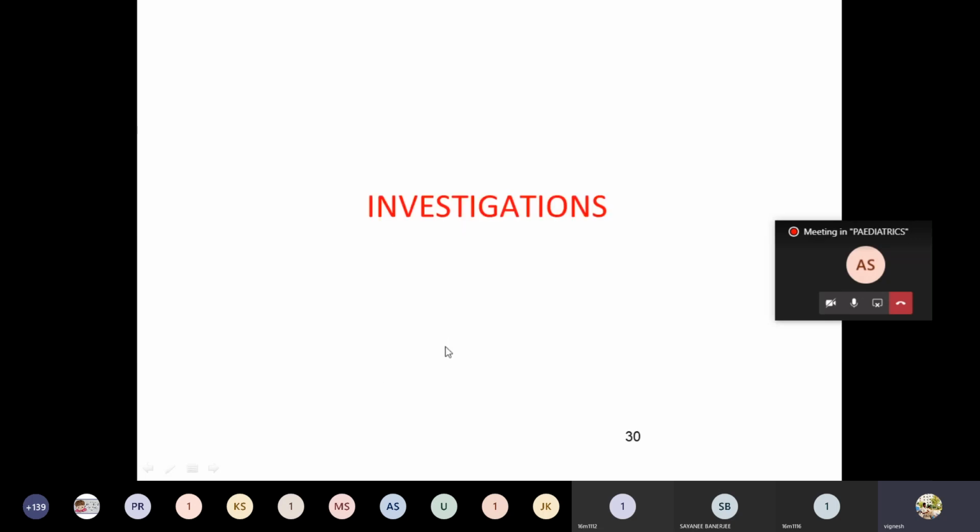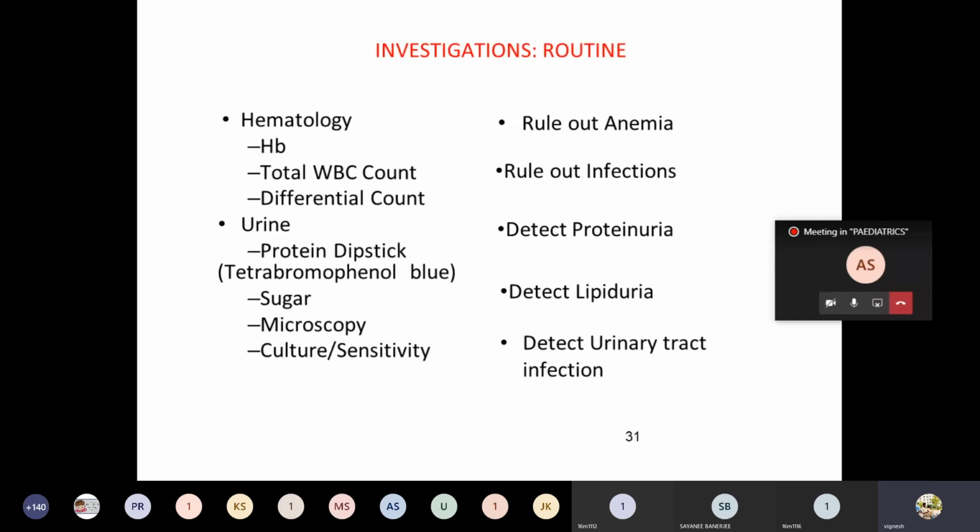Once you have seen clinically, you should establish what it is. For that, we should go for laboratory investigations. What laboratory investigations should you do? One is regular hematology. The hemoglobin appears to be decreased, all because of dilutional anemia.